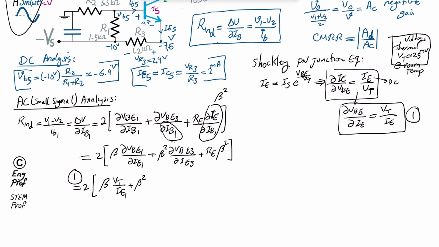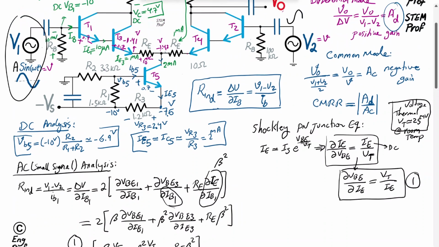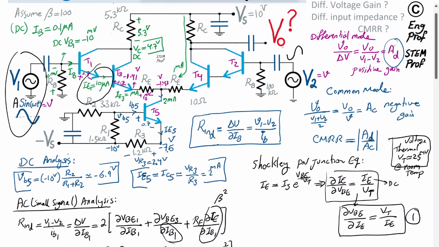This one is beta squared Vt over the DC current bias of transistor 3 plus RE beta squared. And of course IE1 is IE3 divided by beta. Remember that IE1 is here 10 microamp and IE3 is here 1 milliamp, so obviously IE1 is 100 times less than IE3.